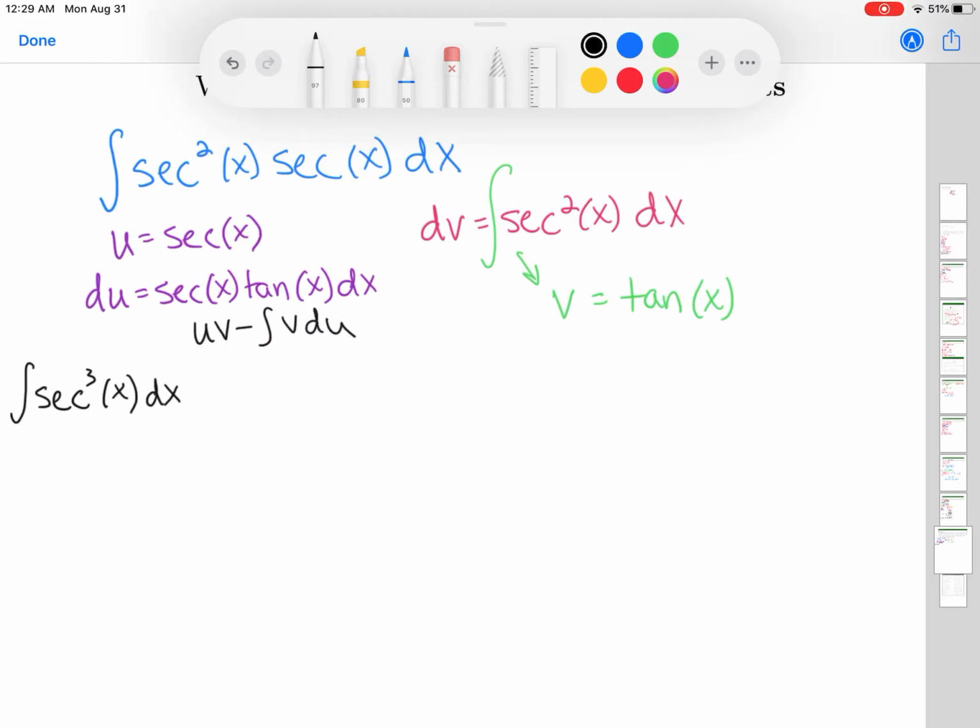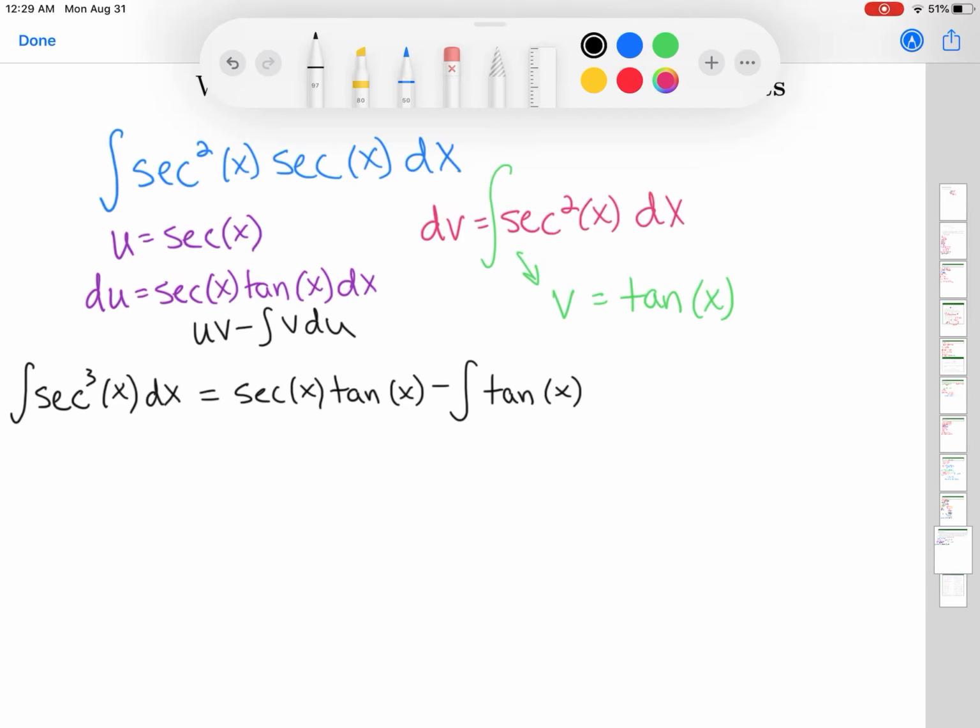Now I'm going to do my uv minus the integral of v du. I'm going to fill that out right here. So u is secant x, v is tangent x. Not too bad.